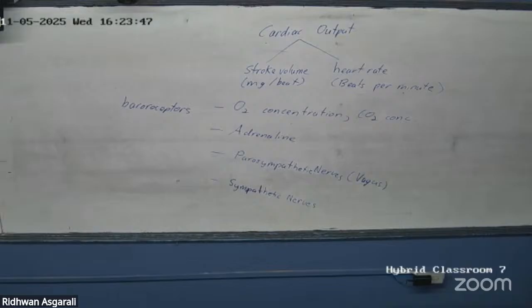Which signals along the vagus nerve to lower cardiac output.